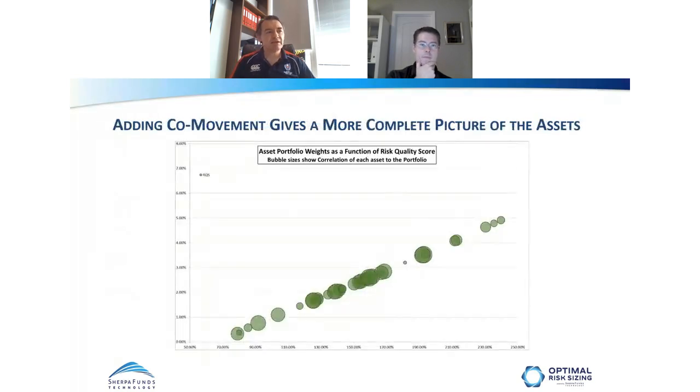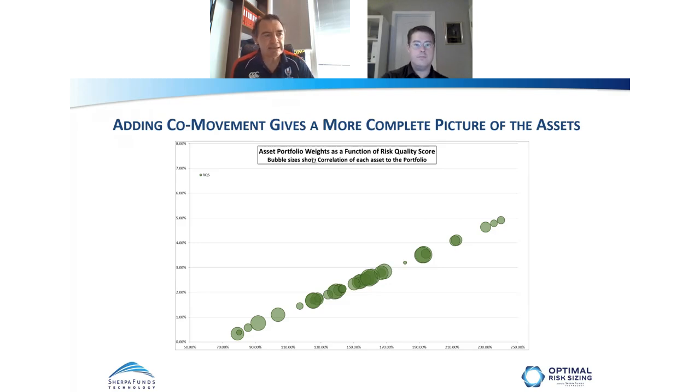So if you replot that same risk quality score picture, and you make the bubble size equal to the co-movement of each asset, then you start seeing something interesting.